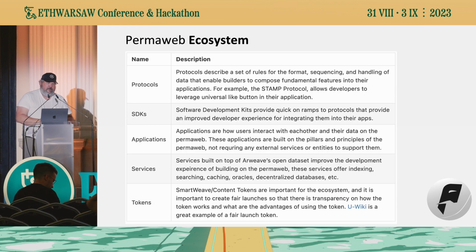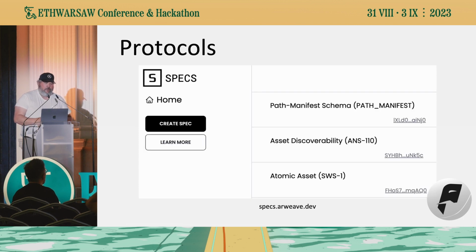And then we have the ecosystem. And the ecosystem combines protocols, SDKs, applications, services, and tokens. Protocols. This is something that I am very passionate about. It's important to build open protocols on the Permaweb so that any developer can use these to compose with other applications.